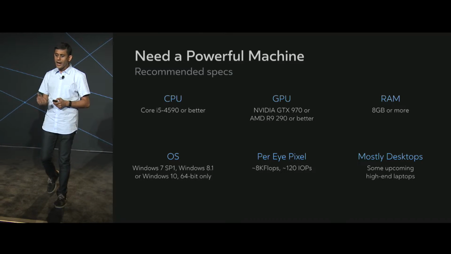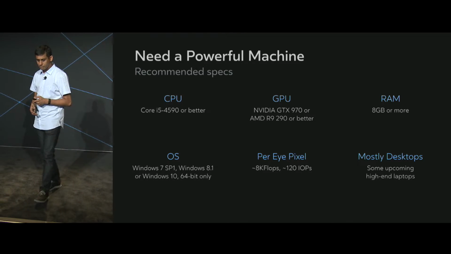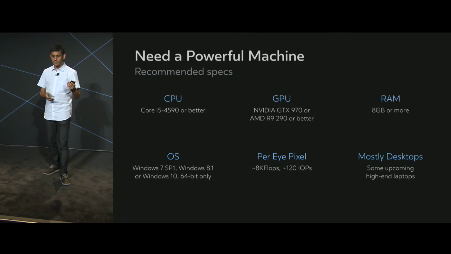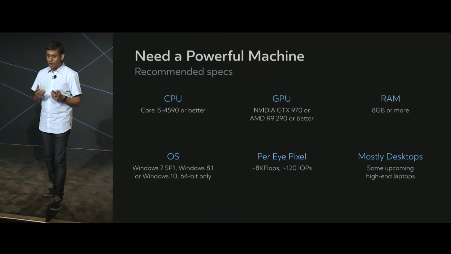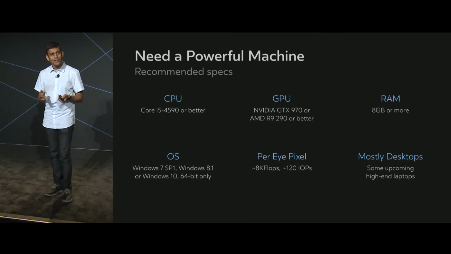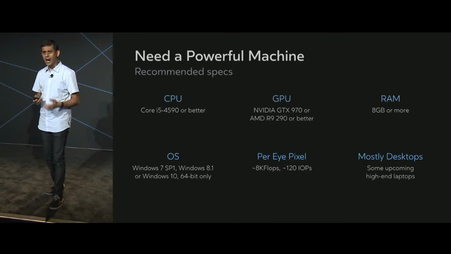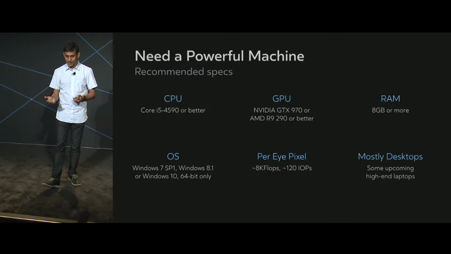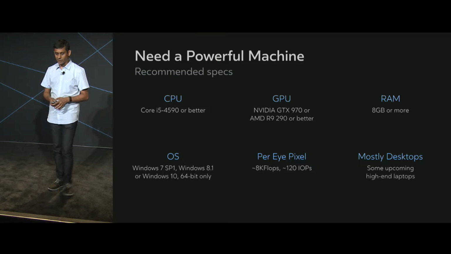We have picked very high-end GPUs, which happen to be the most important component for VR. That, along with the relatively powerful system that we're talking about, allows you to get roughly 8K flops of math operations per eye buffer pixel, and about 120 I/O operations, which means you can do about 120 pixel reads or pixel writes per frame per pixel before you saturate the memory bandwidth of these GPUs.